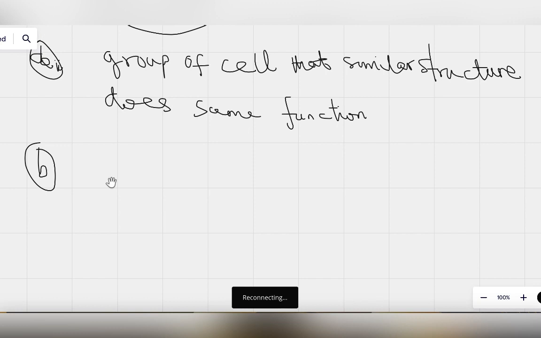When the xylem supplies the water, and it's heated up by the heat from the sun, the water evaporates from the surface of the mesophyll cells.